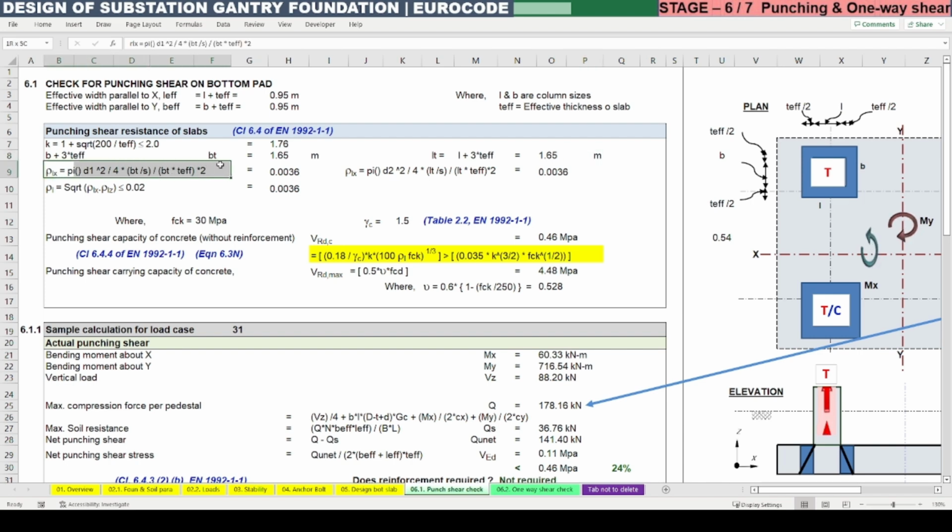For that, this is the equation: nothing but pi d square by 4 into pt, this length divided by the spacing. That gives the number of rods, or the actual area of steel reinforcement required for the column location, divided by this length and the effective thickness of the raft, multiplied by 2 because we have 2 layers of reinforcement.